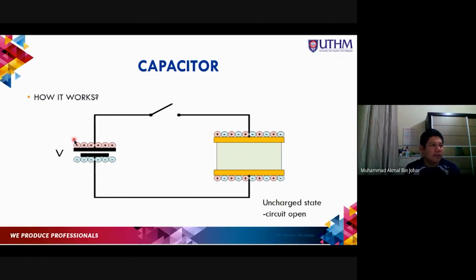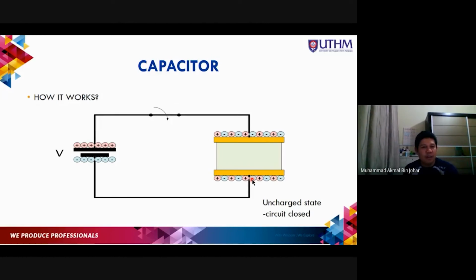We have a battery, where you have positive charge at one side and negative charge at the other side, and an uncharged capacitor. In the uncharged state, it is neutral, which means you have an equal value of positive and negative charge on each side. When the values are equal, we can say it is a stable or uncharged capacitor.